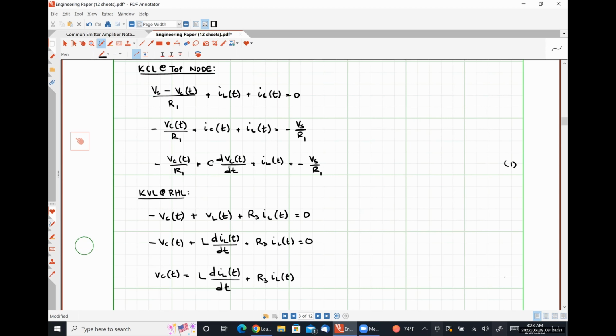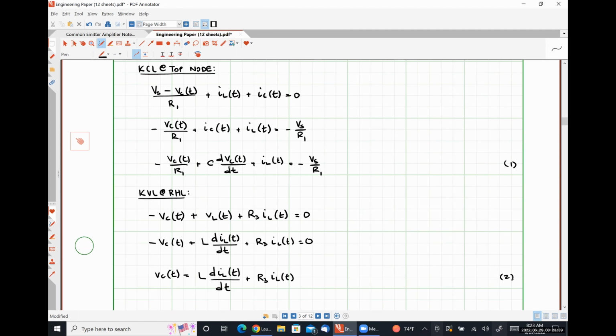So let's call this equation 2. And what this would allow me to do is substitute in anytime I see VC by itself with this expression in terms of only my inductor current.